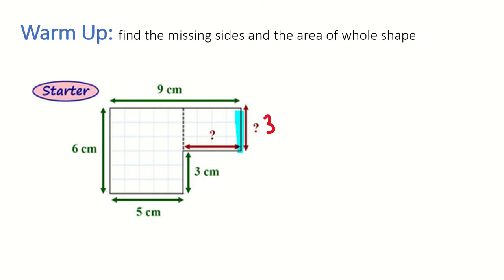All right, where's the other one? This one we're working on, figuring out that missing side. Again, let's use what has been given to us to find the rest. Right here we've got 9 centimeters all the way across.